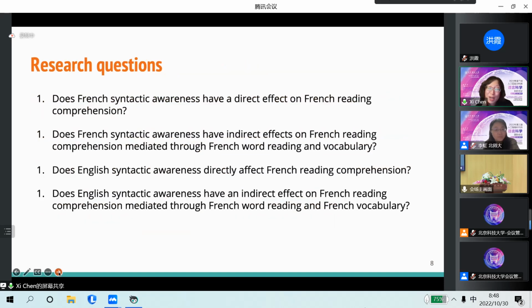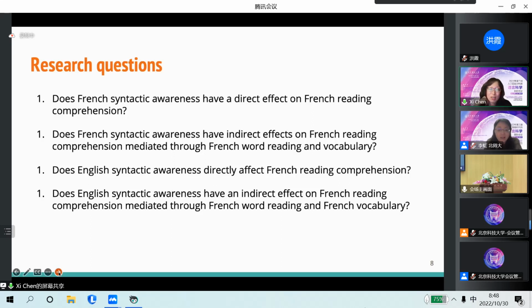Okay, so finally we go to the present study. In this study, we had 4 research questions. Does French syntactic awareness have a direct effect on French reading comprehension? Because children were in French immersion programs, they received instruction in French.